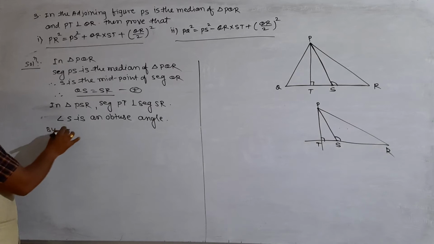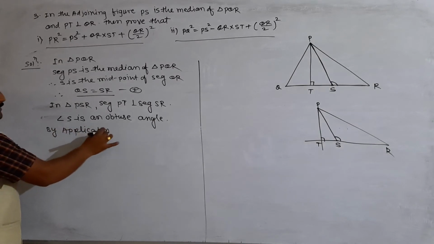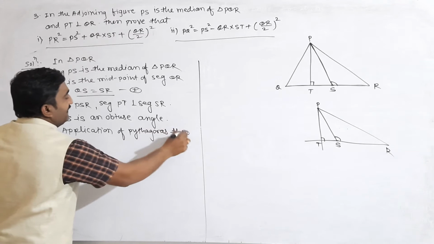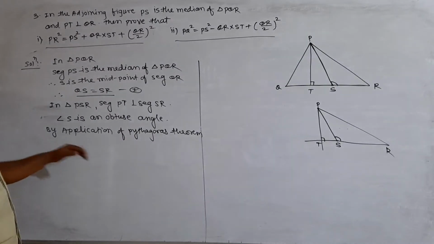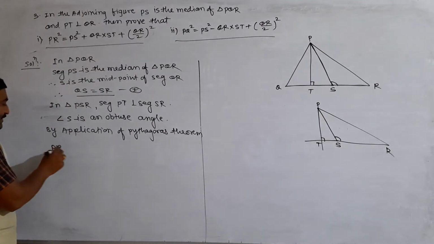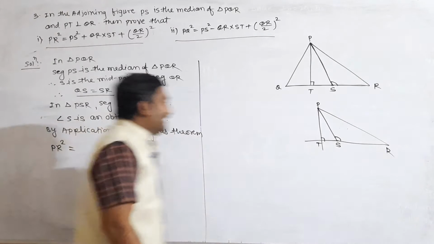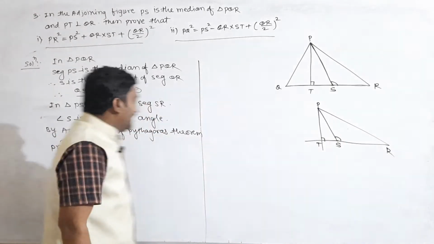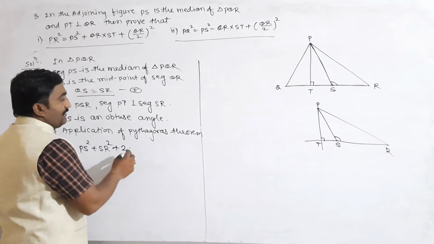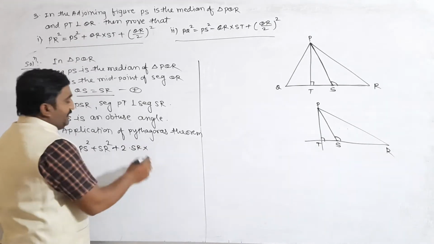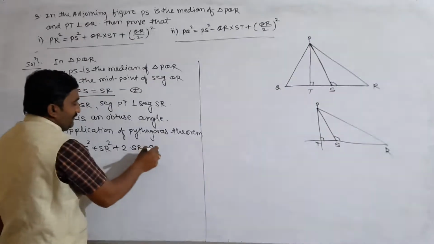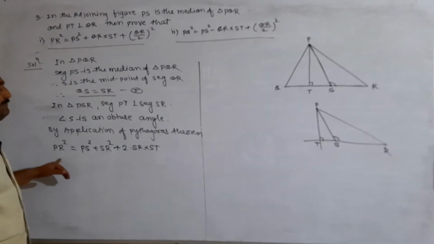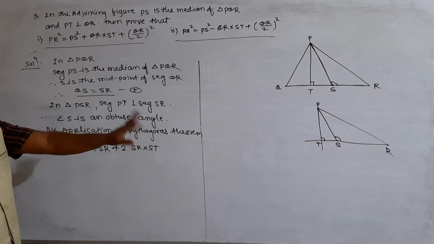So by application of Pythagoras theorem, as we saw in the last period, PR square is equal to PS square plus SR square plus 2 SR into ST. This is the application of Pythagoras theorem when angle S is an obtuse angle.